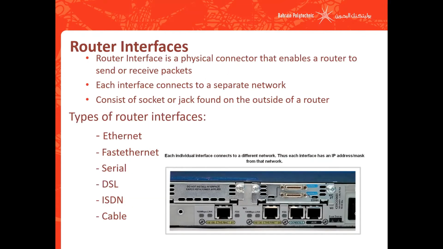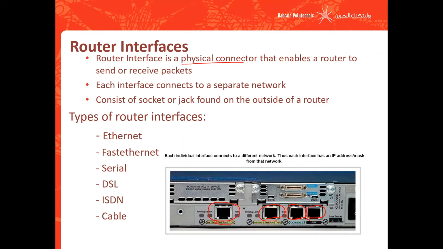Okay. Now, router interfaces. This is where we talk about the interfaces in detail. What is a router interface? A router interface is a physical connector that enables a router to send or receive packets. So all of these here, this one, which is an Ethernet, this one, which is an Ethernet again, all of these are interfaces, okay?